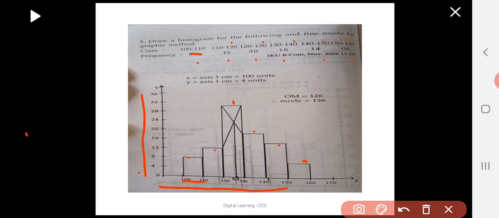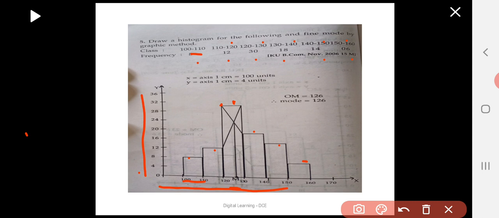And now it's time to locate the mode. So we look into the bars here. When we look at this histogram, we find that the 120 to 130 class interval, with frequency 30, is the tallest one, and we should locate the mode here.